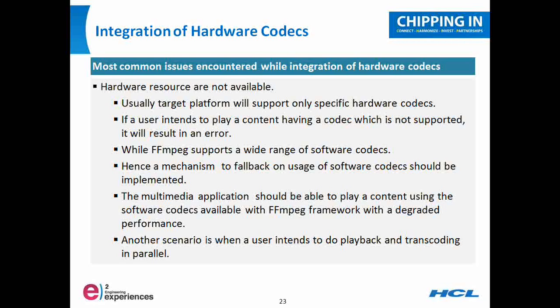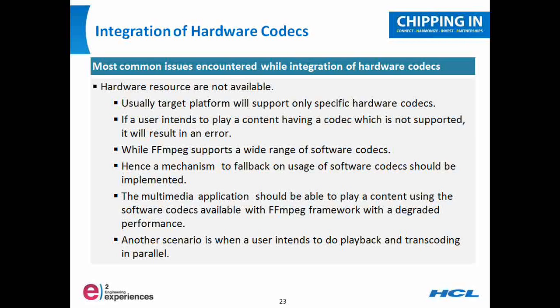So by doing so, a multimedia application would be able to play content using software codecs, but the performance will be degraded. So that is the consequence of using the hardware codec.